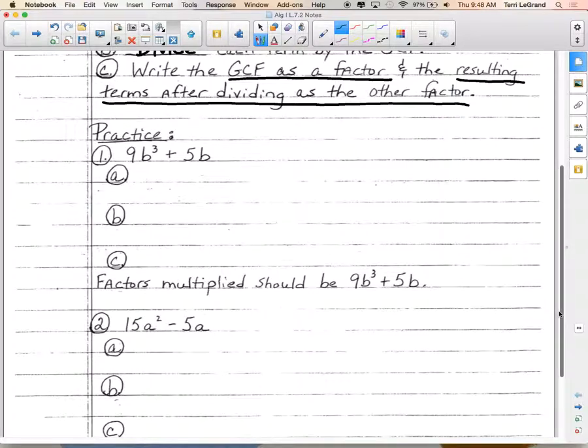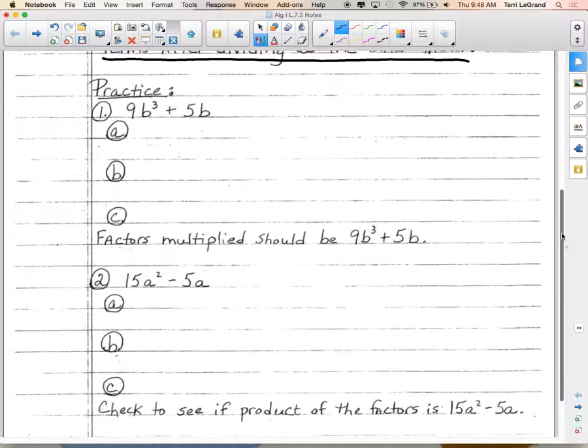So let's look at 9b cubed plus 5b. Let's first factor that. So give me the prime factorization for 9b cubed. 3 times 3 are the prime factors of 9. And then we'll just write out all those factors of b. So times b, times b, times b.